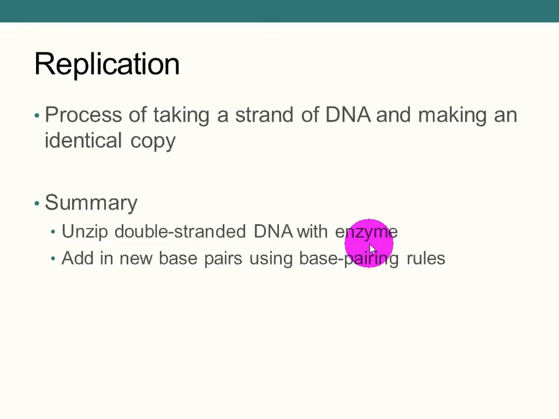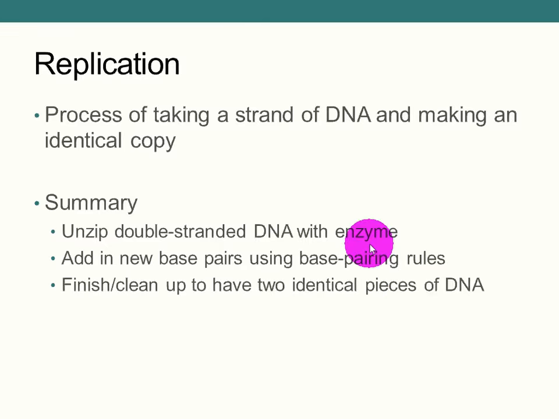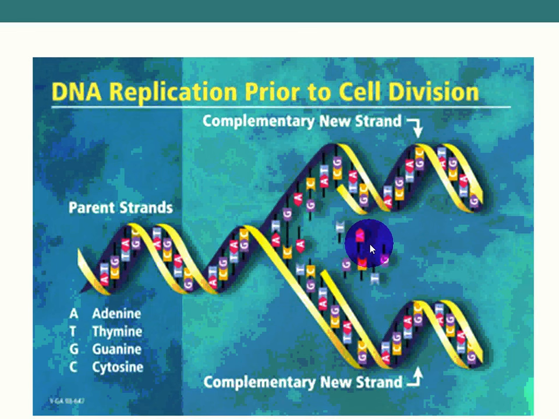Remember, enzymes are proteins in our body that carry out chemical reactions. And the enzyme is going to notice it has a naked half. And so what the enzyme is going to do is it's add new base pairs in. And then basically anything gets tidied up, cleaned up if there's any errors, and we get two identical strands of DNA. This is a very basic diagram of what's going on.